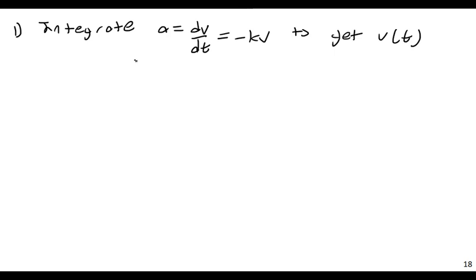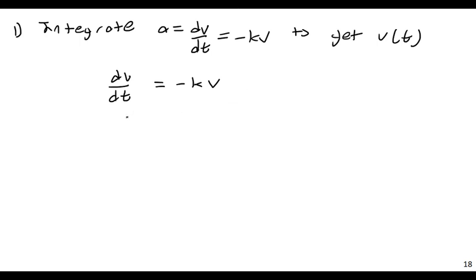So I'm going to say that dv/dt equals negative kv, and then I'm going to move velocity to one side and t to the other.